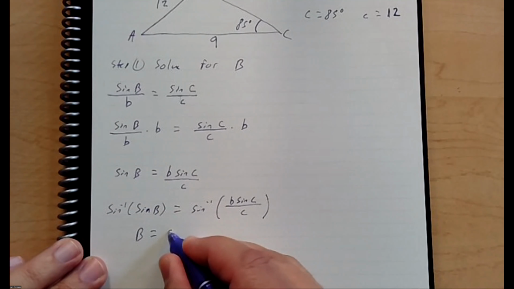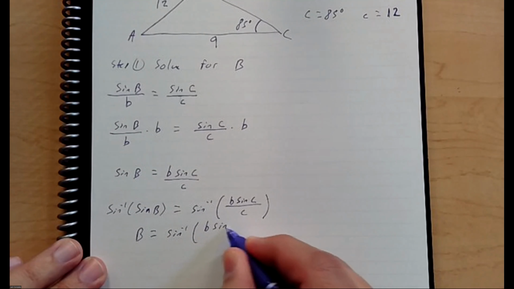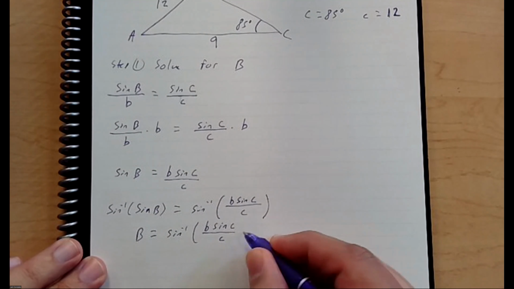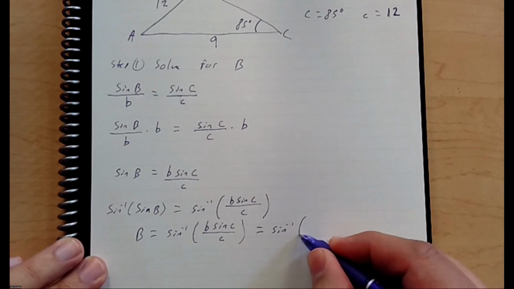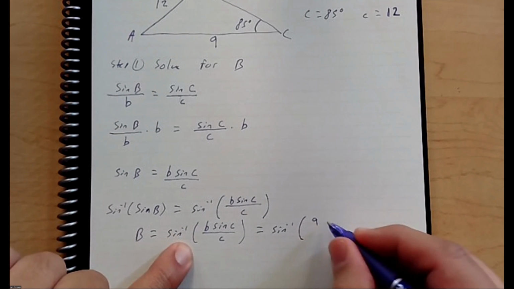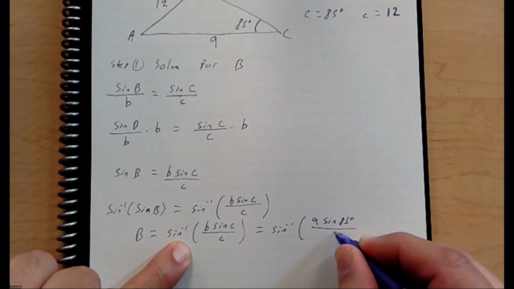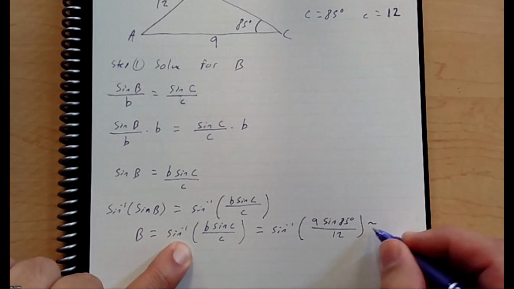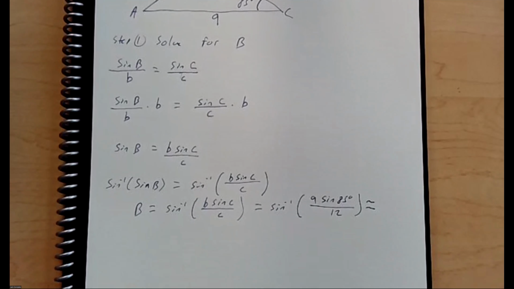So B is equal to sine inverse of b sine C over little c, which is sine inverse of 9 times sine of 85 over 12. So this will give me an angle. What is that angle?